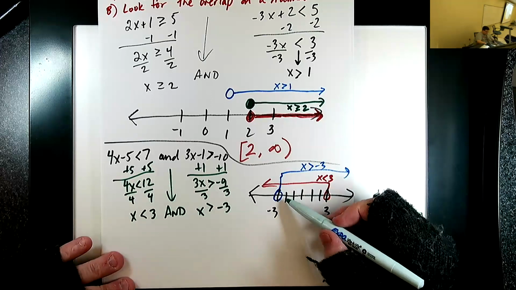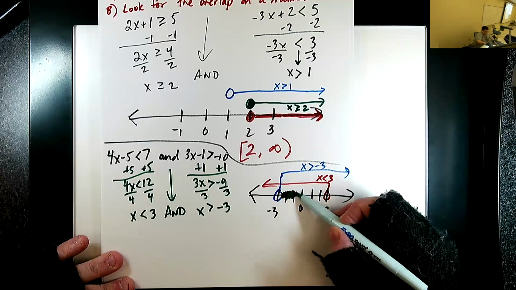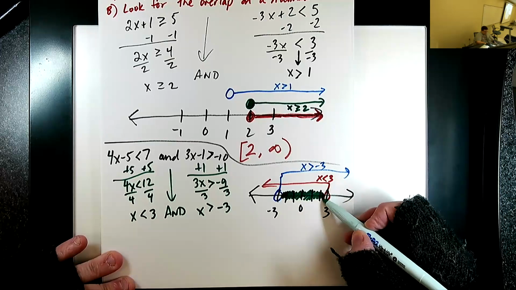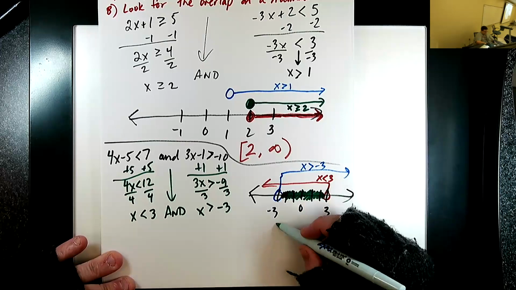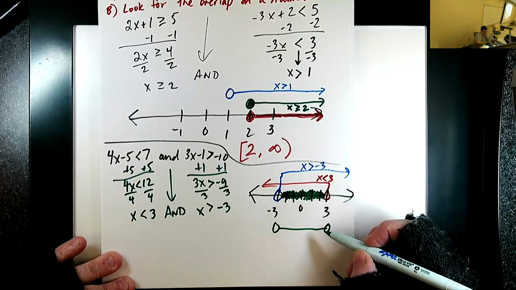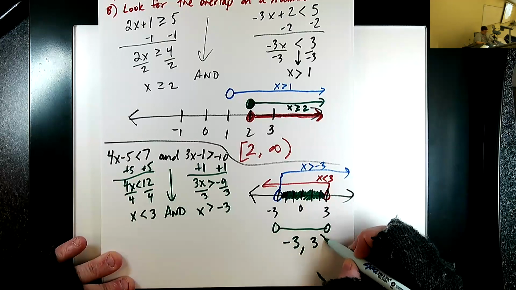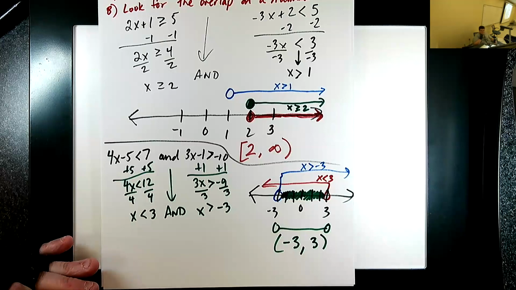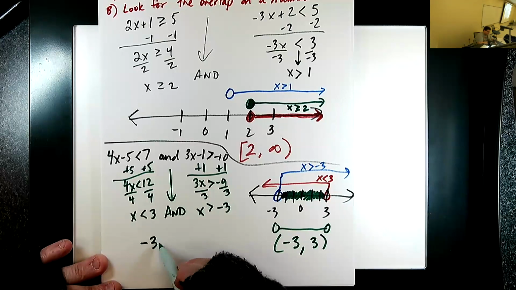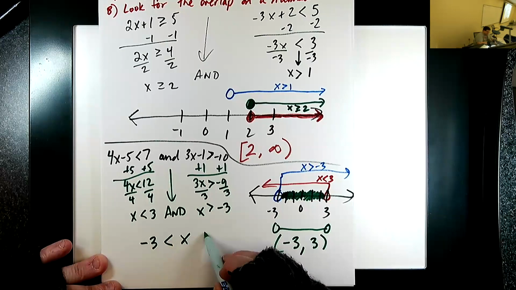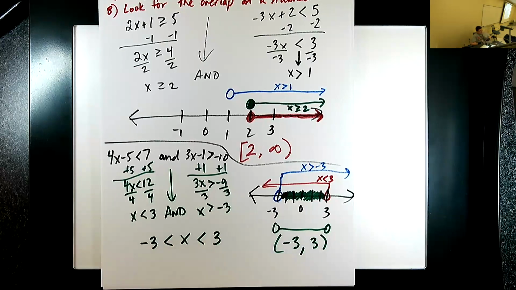The overlap is the stuff between them, not including the negative 3 to 3. So I will have negative 3 parentheses 3. Negative 3 comma 3, both parentheses. This is one of those that we could make a sandwich, like that, where x is the filling.